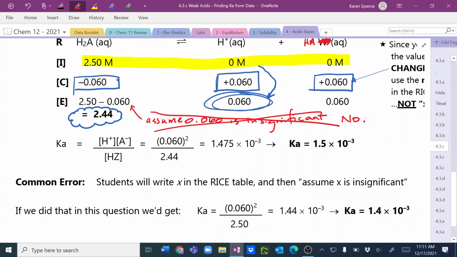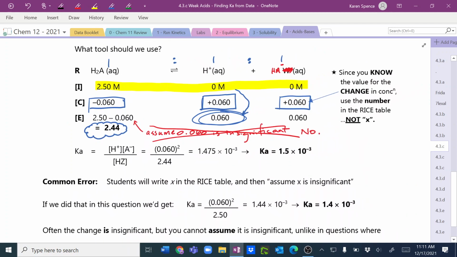I do know that some people will sometimes put X's in here and then plug in numbers later, but that does lead to them sometimes then saying, oh, let's assume that X is insignificant, when actually it's a real number and it's not actually insignificant. So if you have a real number, please, please, please put the real number in the RICE table, okay?